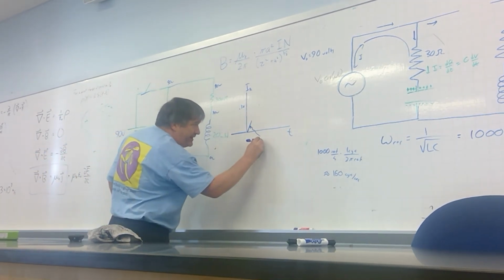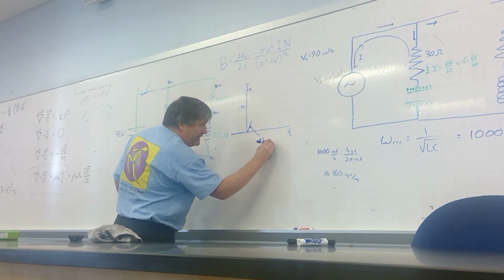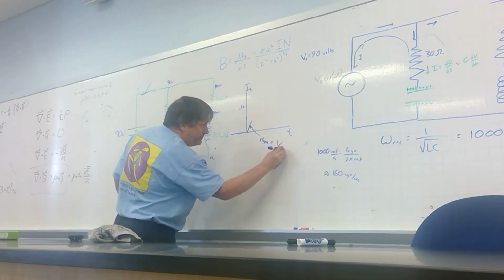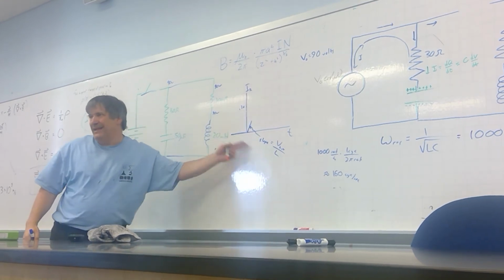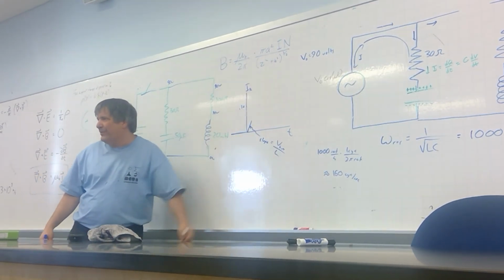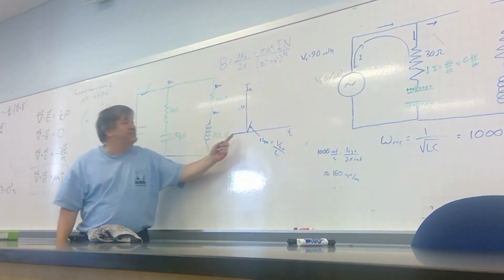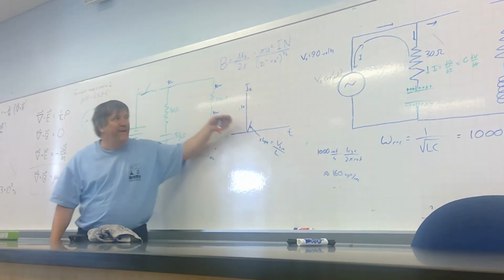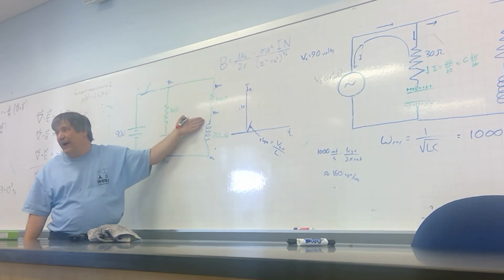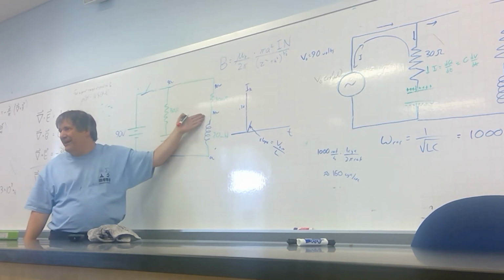And that would give me this slope. It's going to be the battery voltage over L, because L dI/dt is going to be the battery voltage. Now, the only thing is, once some current starts to flow down that branch, now there is a voltage drop across the resistor. It's not zero anymore.